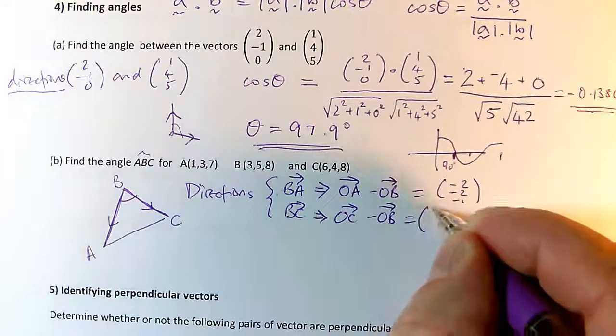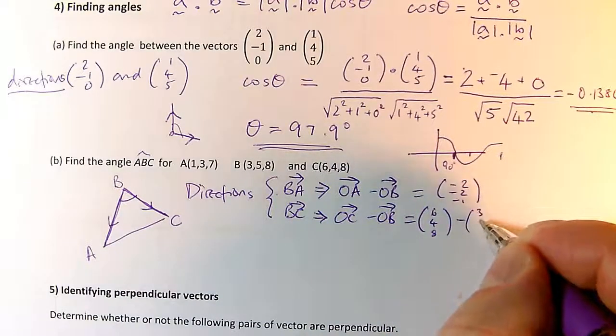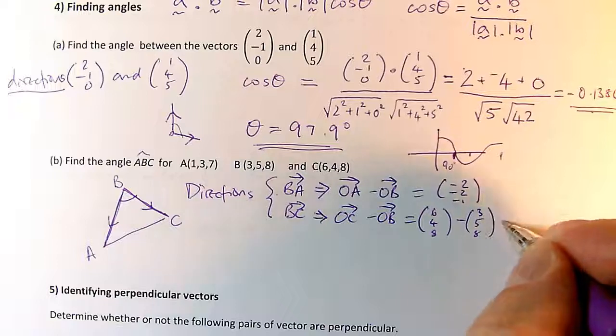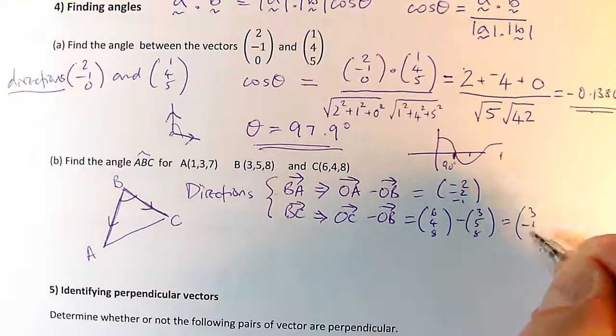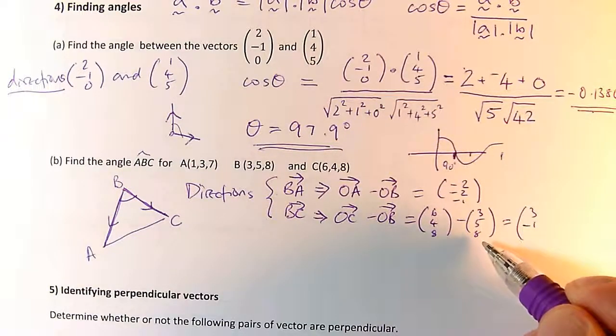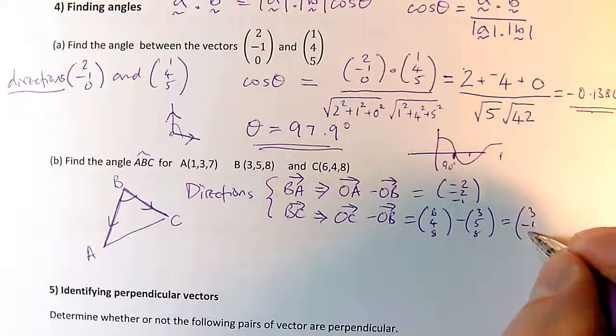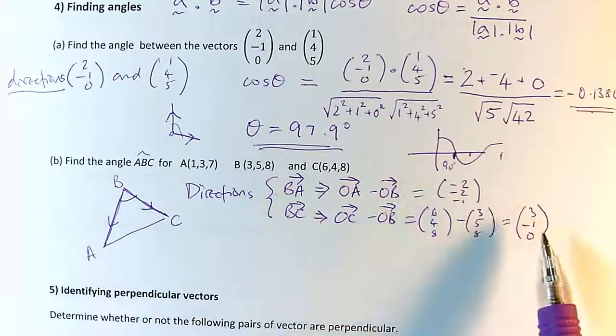So that's (6, 4, 8) minus (3, 5, 8), which is 6 minus 3 is 3, 4 minus 5 is minus 1, 8 minus 8 is 0, yes. Okay, so I've got 2 directions, this one and this one.